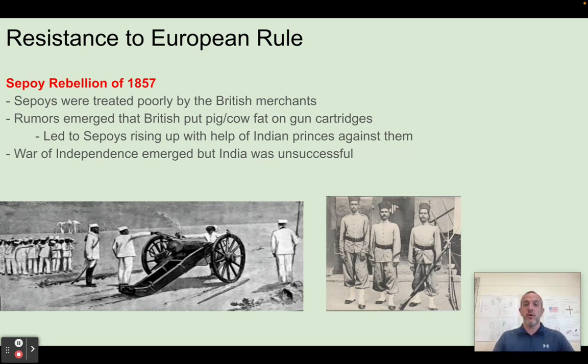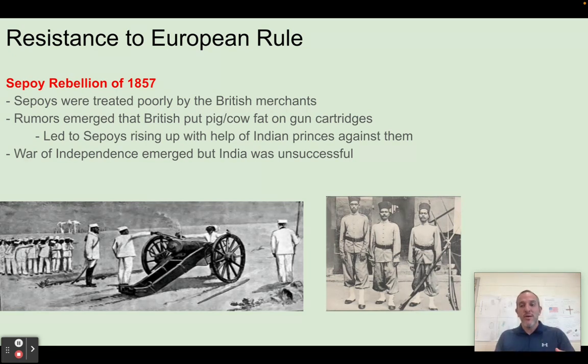And what happened was the sepoys, because they're treated so badly, rumors start spreading in India that the British have put on the cartridges that you put in a weapon, pig and cow fat to grease up the cartridges so they slide into the gun easier.